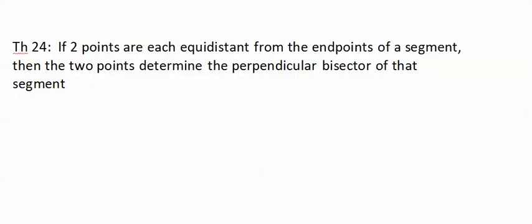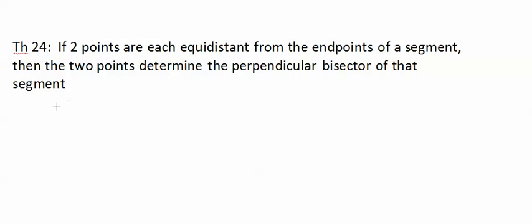Well, what Theorem 24 says, or one of the equidistance theorems says, is that if we have 2 points that are equidistant from the endpoints of a segment, then the 2 points determine the perpendicular bisector of that segment. So what does this mean?